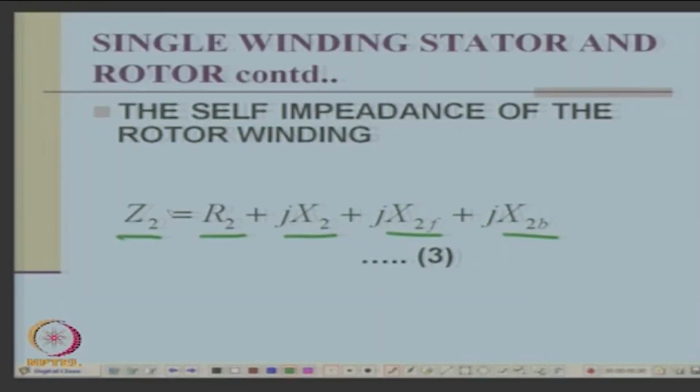If you pass a current through the rotor of fundamental frequency and hold it, it will also produce its own forward and backward fields and induce its own voltages. So, after all, these impedances in a circuit are represented because they reflect certain voltages when a current is passed through them, right.